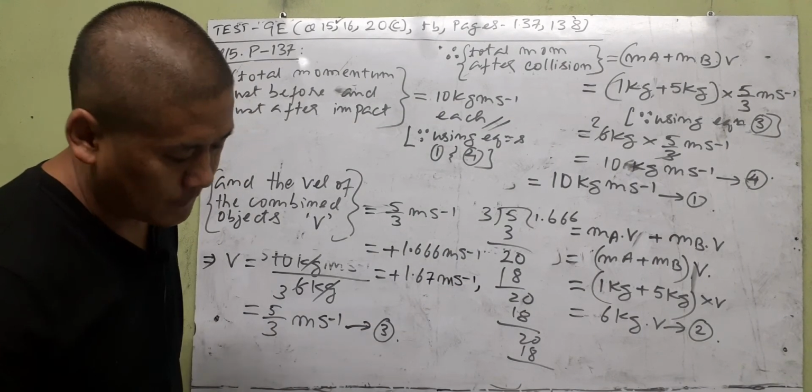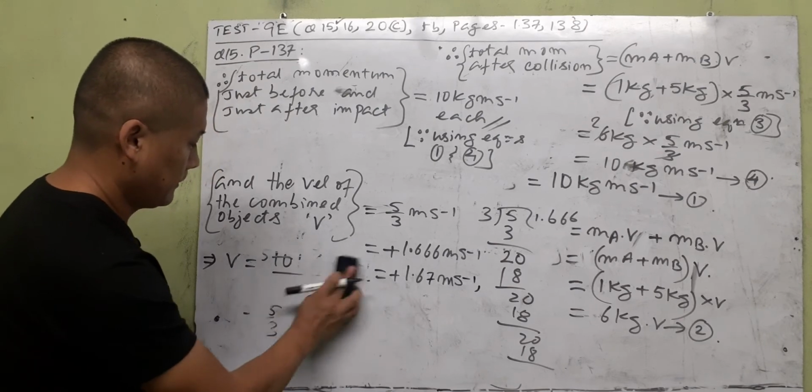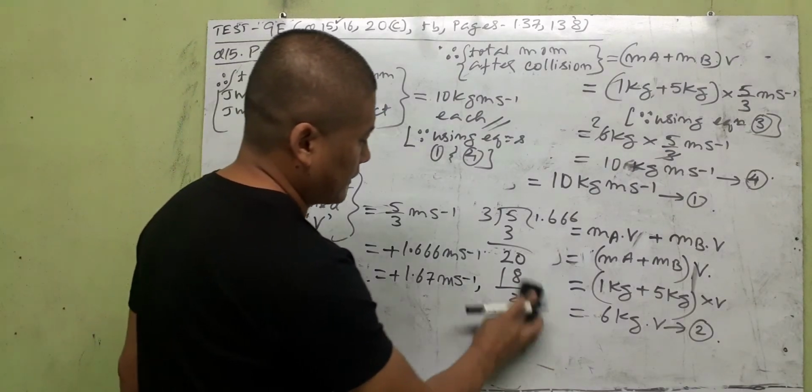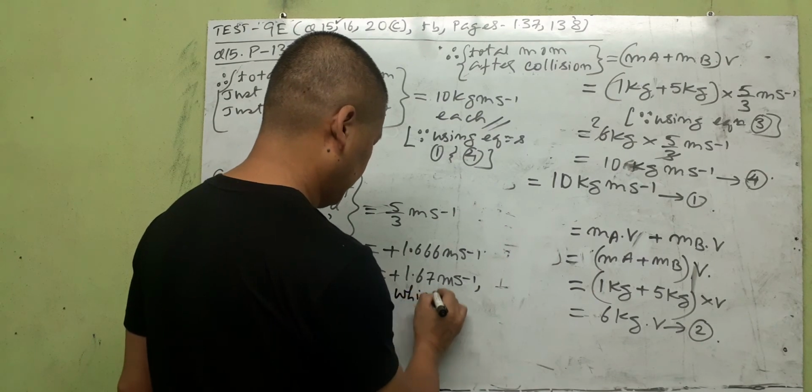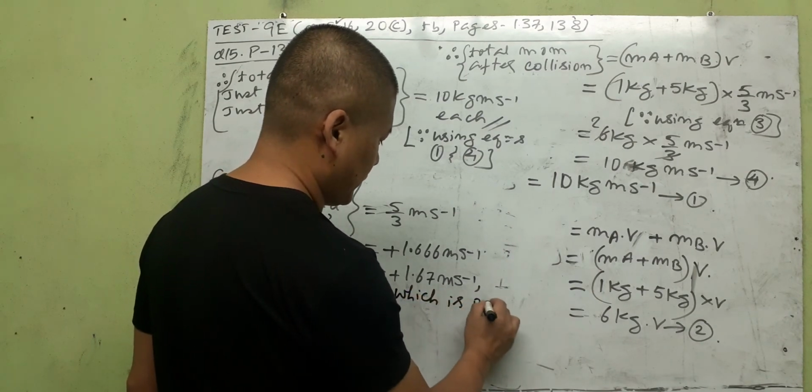Okay, so we write like that, and we write here to indicate the direction as well. We can say which is positive because it's a plus number.